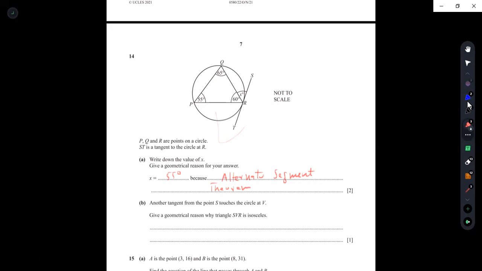Another tangent from the point S touches the circle at V, which is not shown. Give a geometrical reason why triangle SVR is isosceles.